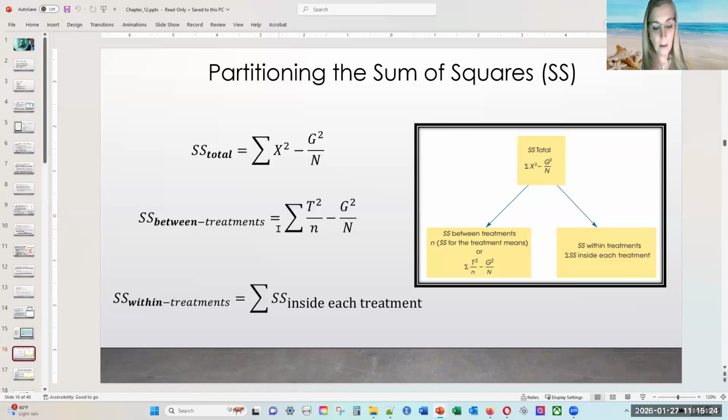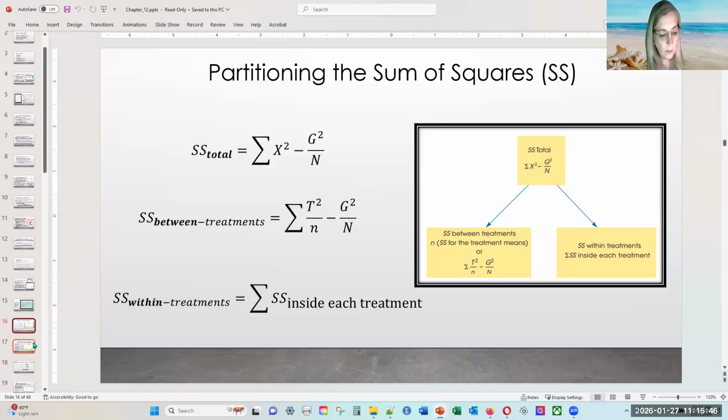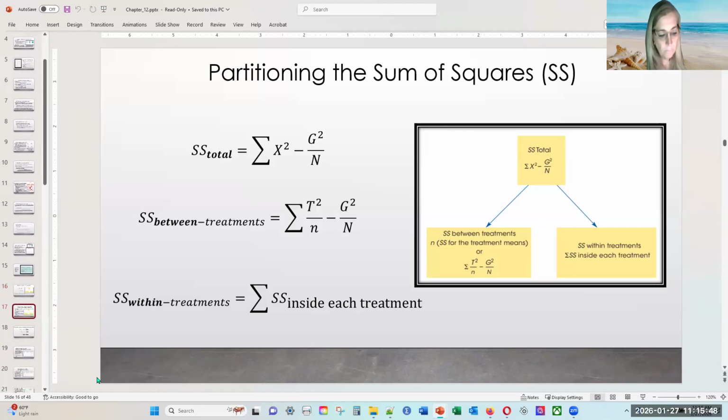And then you add that up. And then you subtract again by the grand total squared over total n. For within treatments, you just simply add up the sum of squares inside each treatment. Okay, and we'll look at the steps here on how to do that in a moment.